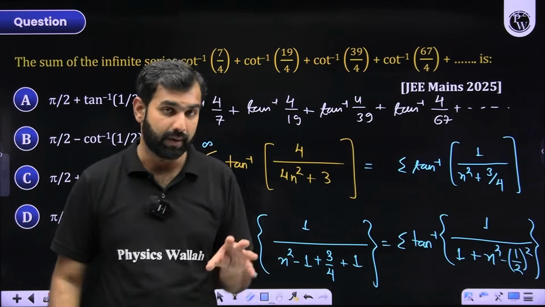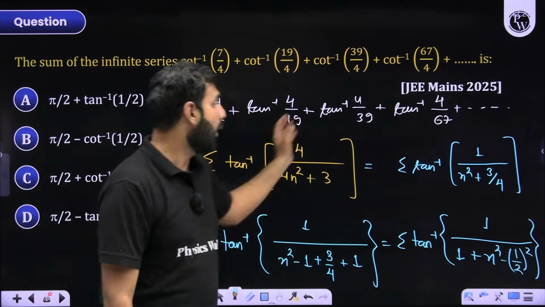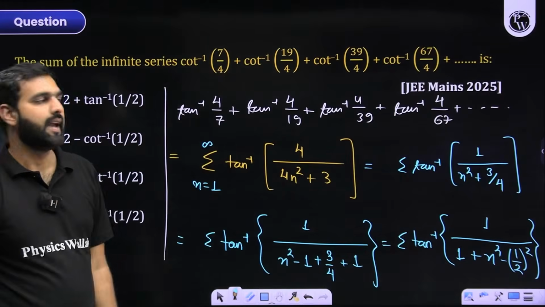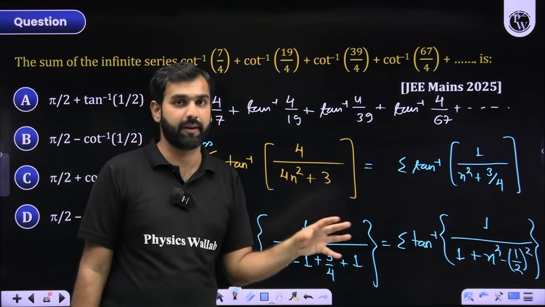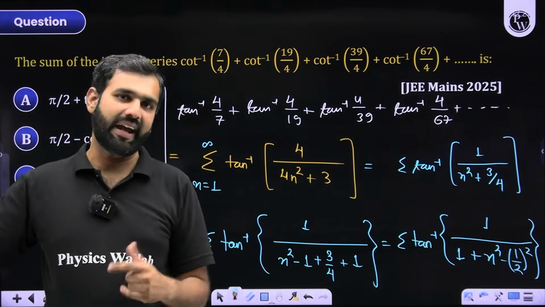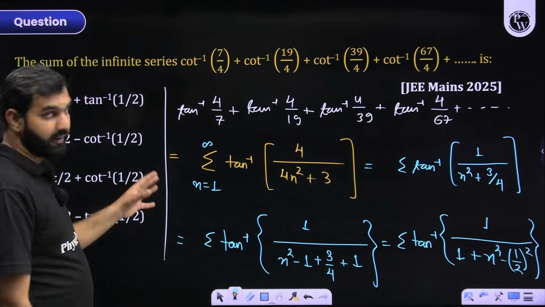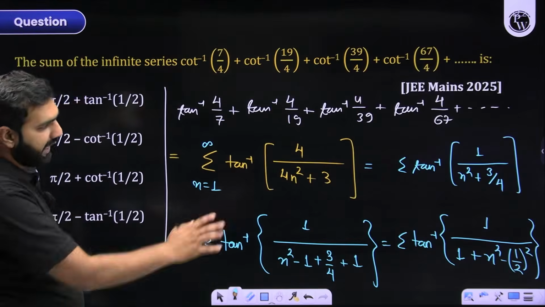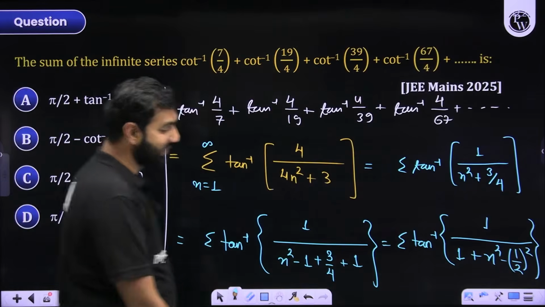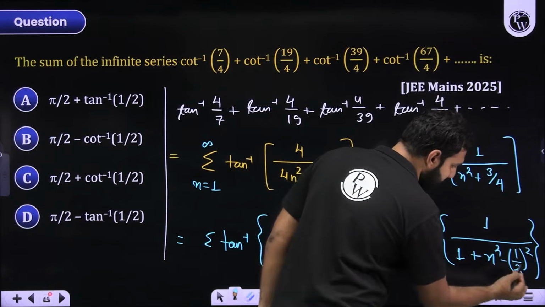Now comes that part which will help you in understanding why I am doing all this. And you will also realize that yes, this is what needs to be done, and this much effort is supposed to be applied whenever dealing with questions based on ITF, especially the VN method, infinite series. Now, look at this part. That denominator, 1 plus n square minus half square, can I write this as a plus b and a minus b?